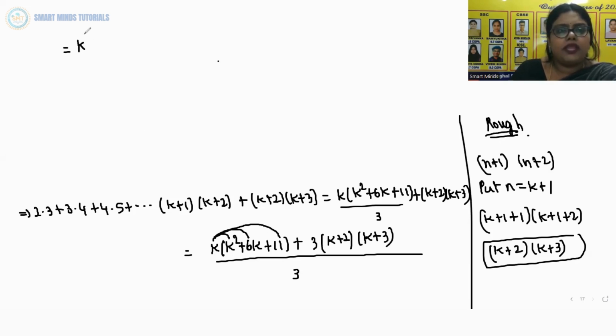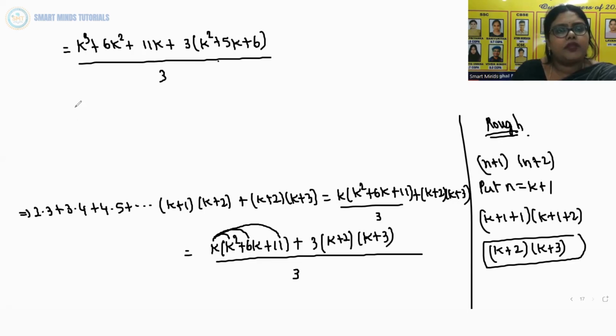So that will be k³ + 6k² + 11k plus 3 into, if I multiply these two brackets, we will get (k² + 5k + 6) by 3. Now let us multiply this 3 inside, this into this, this into this, this into this.